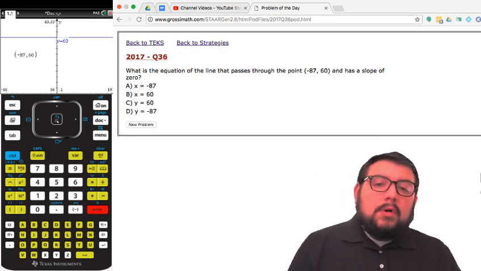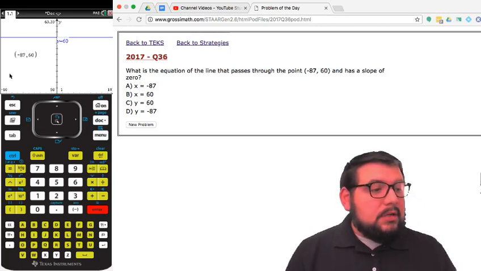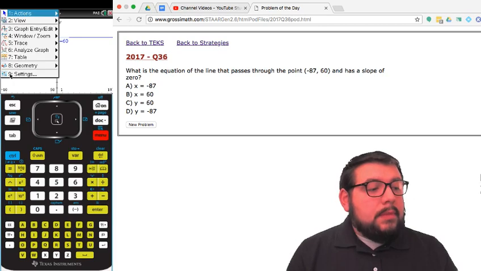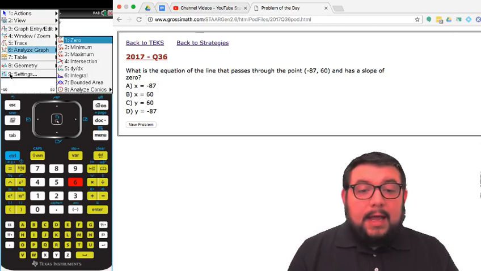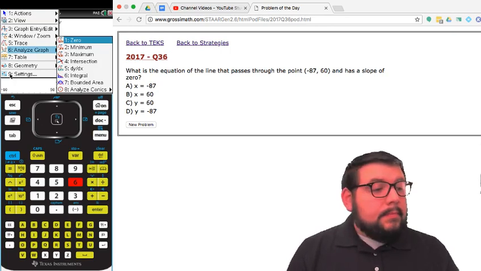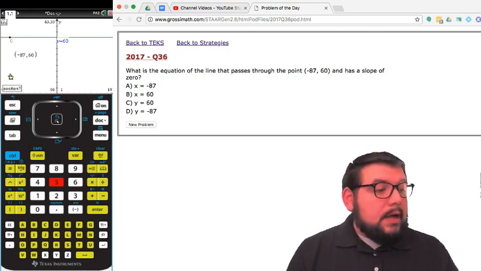Okay, now we're going to go to step 2. Remember, there's a 2-step to this guy. We got to check the slope. So menu, analyze, and slope. Remember, slope is dy dx. Okay, so there we go. I put that. And now look at that.